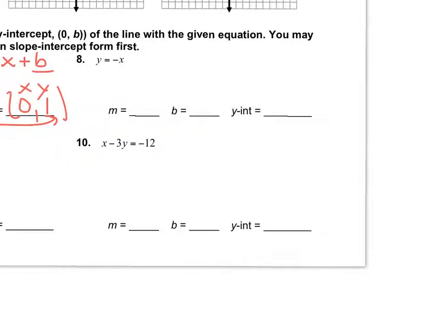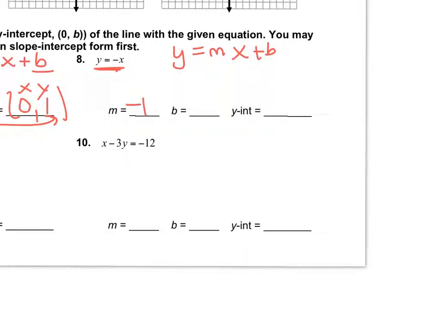On number 8, remember it's y equals mx plus b. What is the m on this one? It doesn't look the same, right? It says y equals negative x, correct? So it doesn't have a b, but it does have an m. What is the m?